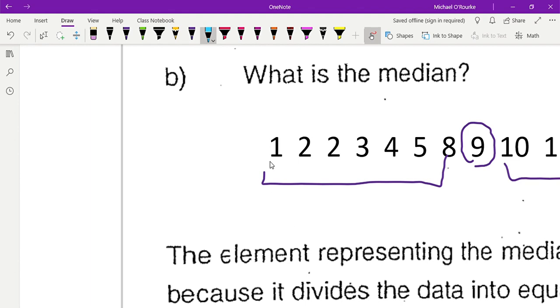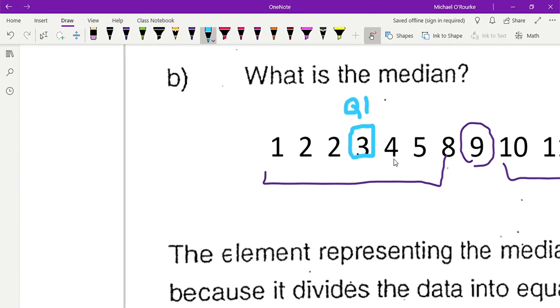So how many total are there? There's 1, 2, 3, 4, 5, 6, 7. So the middle number will be right here. There's 3 in front, 3 ahead, right?